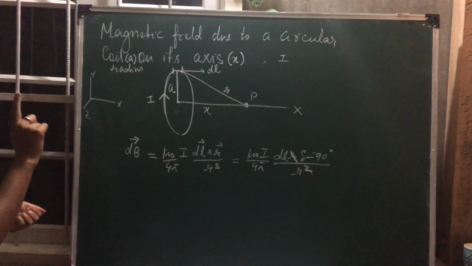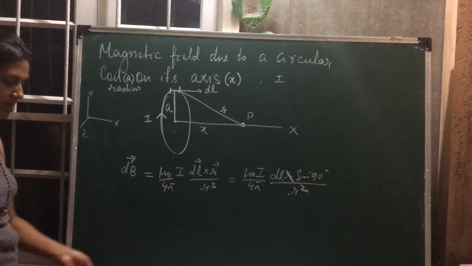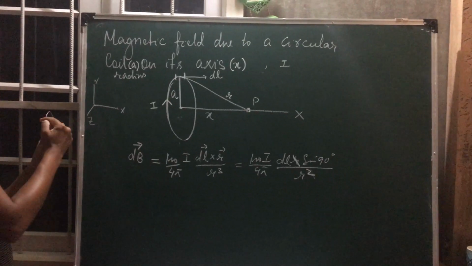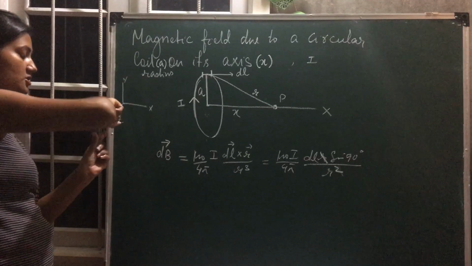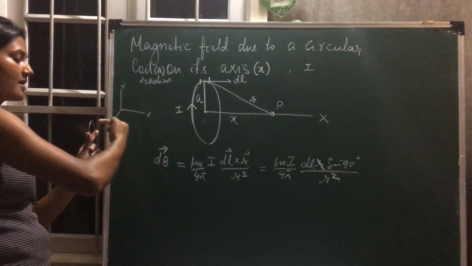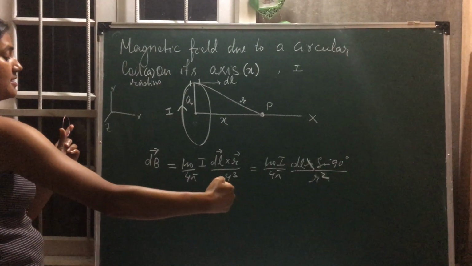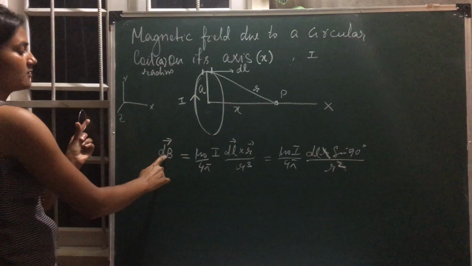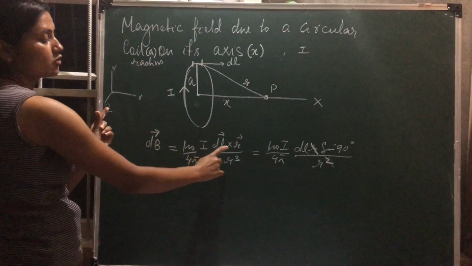Now coming to the direction of dB. The current is going clockwise, right? This is the direction of dL and R is somewhere like this. The direction of dB can be known from the screw rule.